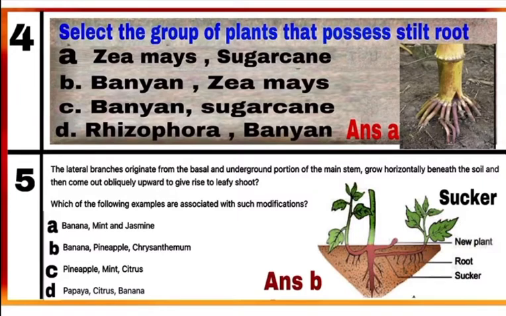Option B. In banana, pineapple and chrysanthemum, this modification of stem is found, which is called sucker. You can see it in the diagram also. Lateral branches originate from the basal and underground portion of the stem, which further grow horizontally, and then come out upward and give a leafy shoot. So, mark B as the correct answer.